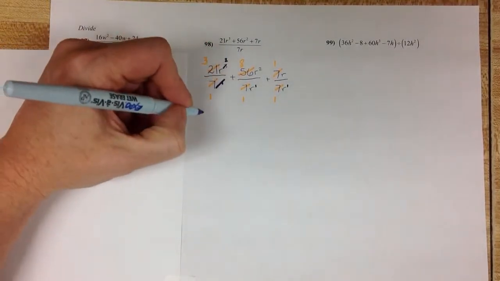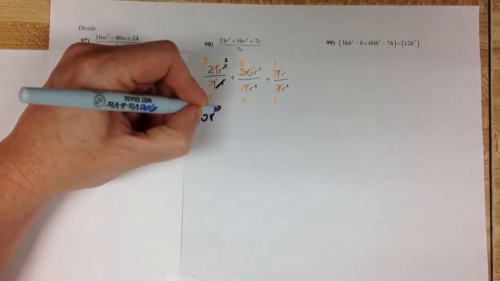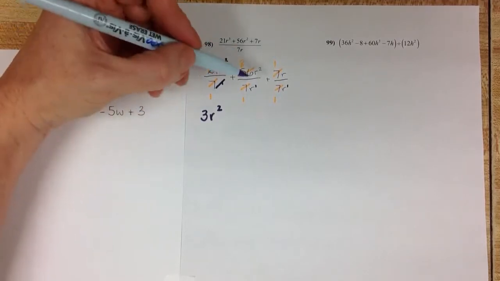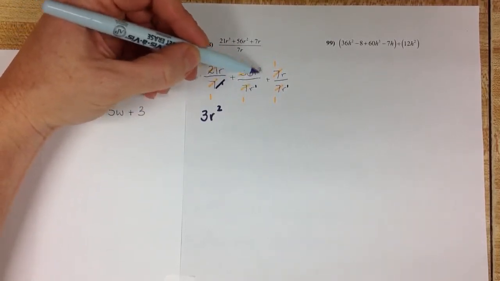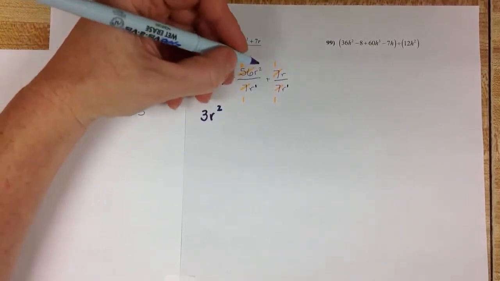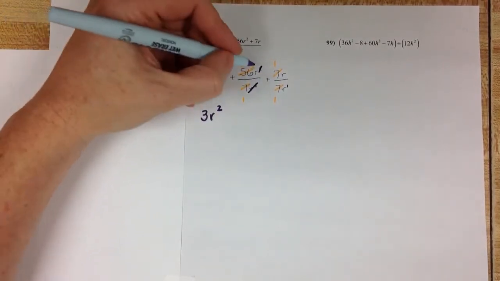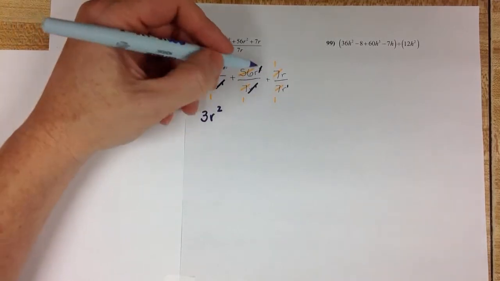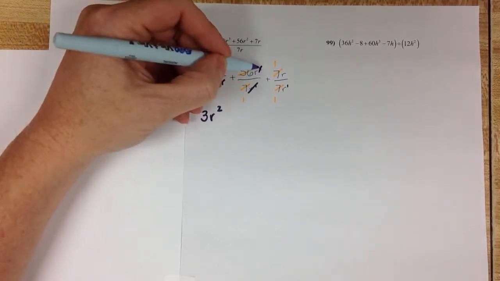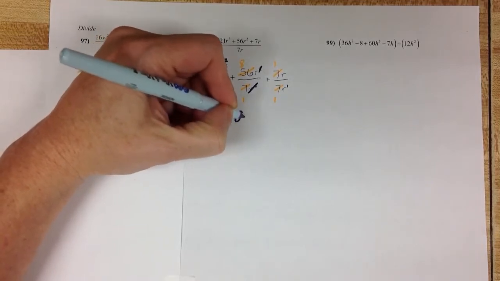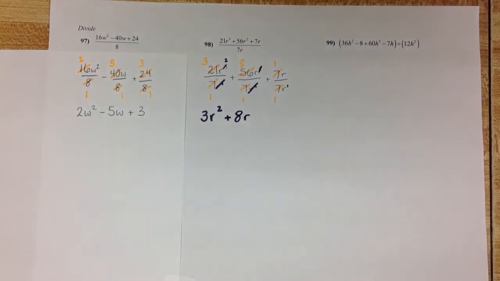So our new first term is going to be 3r, the 3 from here, r squared. Here I have an r squared divided by an r. So this r will go away again, and this squared will go away because 2 minus 1 is just 1r remaining. So this will leave us with a plus 8r.